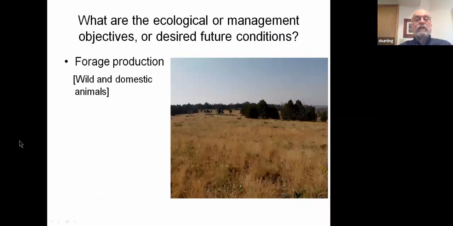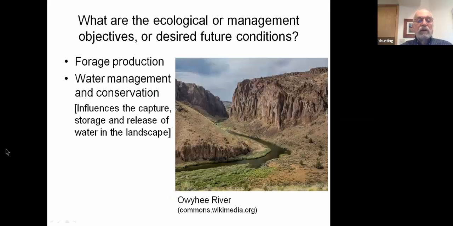Well, why do people use prescribed burning in western juniper? One of the foremost reasons is forage production, both for wild and domestic animals. Water management and conservation is another objective often, and certainly the presence of juniper influences the capture, storage, and release of water in the landscape.